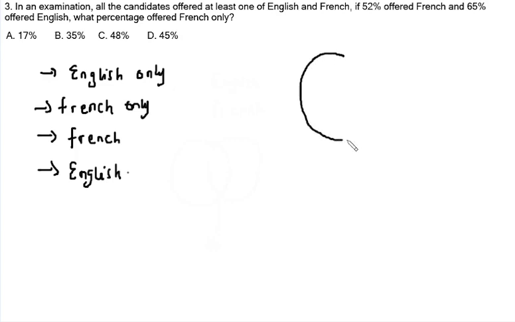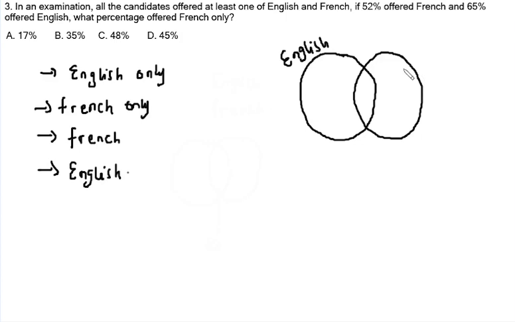So let's draw two circles. We are drawing two circles primarily because we are dealing with two subjects here. Okay, so let's say this circle is for English and this circle is for French. If I say English only, that means I'm saying this portion of the circle, not including this portion of the circle.